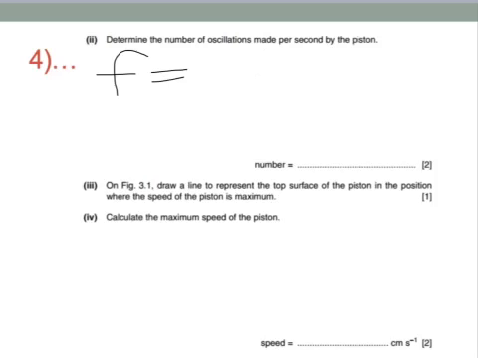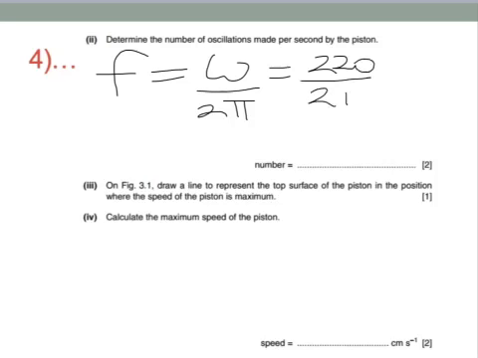It's equal to omega divided by 2 pi. So plugging those values in, 220 over 2 pi, we get, what do we get? 35 to 2 figures, 35 hertz. Or if you like, 35 oscillations per second.